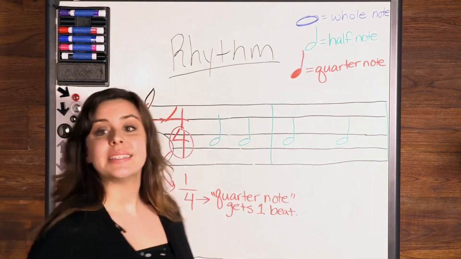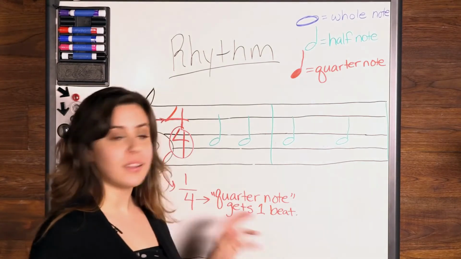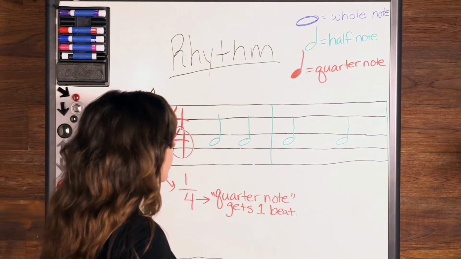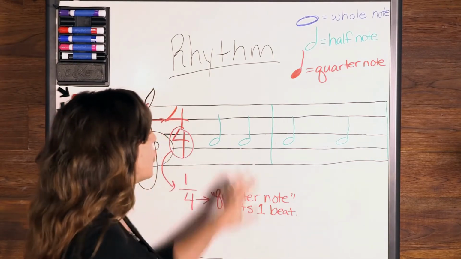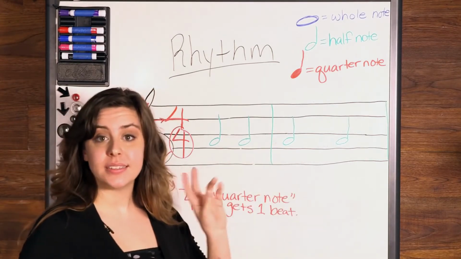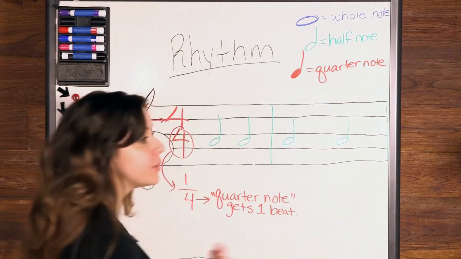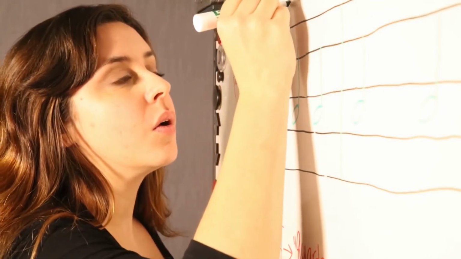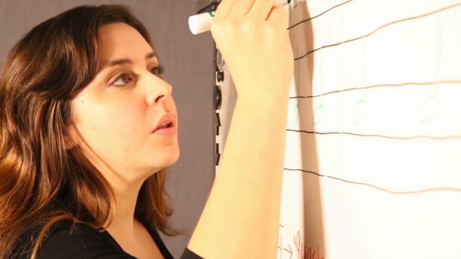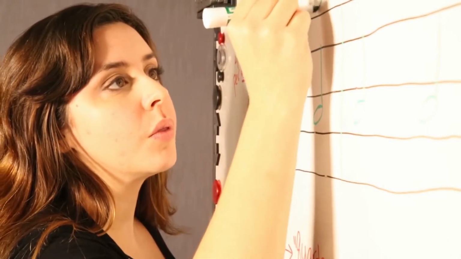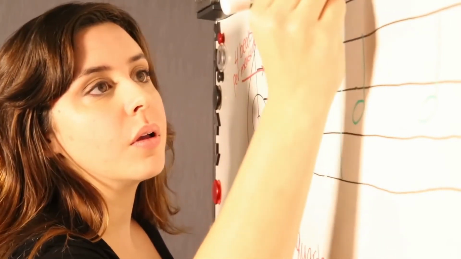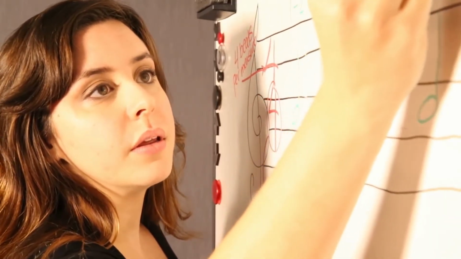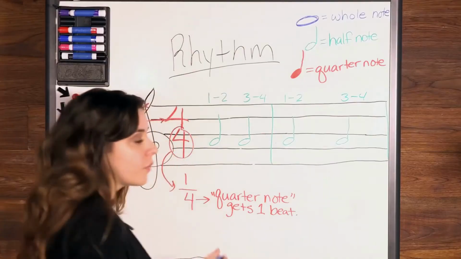So we'll just go ahead and erase this little guy here because it does not belong. And continue with this. So the half note gets, like I said, 2 beats per measure and is counted thusly. So it would be 1, 2, 3, 4. 1, 2, 3, 4.